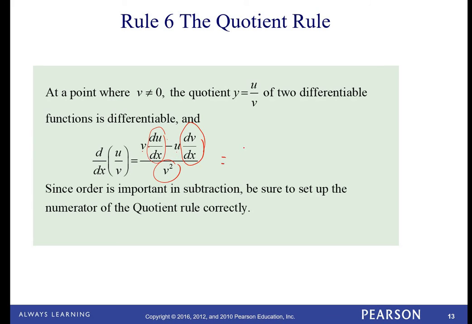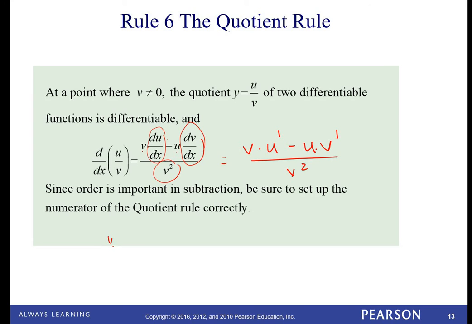Let me write it another way. v times u prime minus u times v prime over v squared. Order is important in subtraction, so be sure to set up the numerator properly.